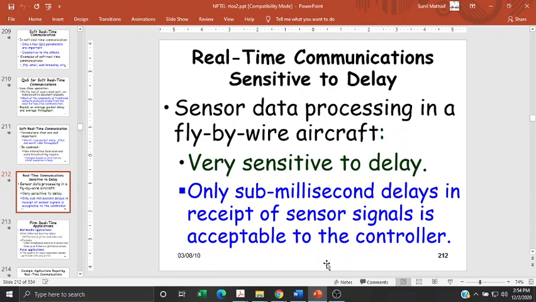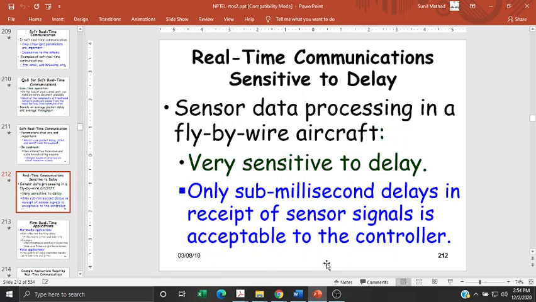Real-time communications are sensitive: for example, sensor data processing in a fly-by-wire aircraft. So he's quoting a scenario. Assume you are flying a plane, or a missile if you can think of that, moving at near supersonic speeds.